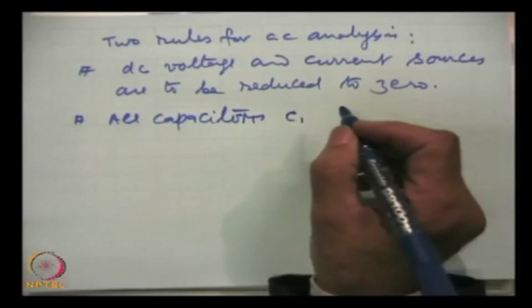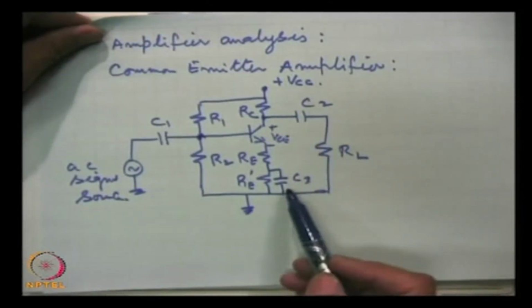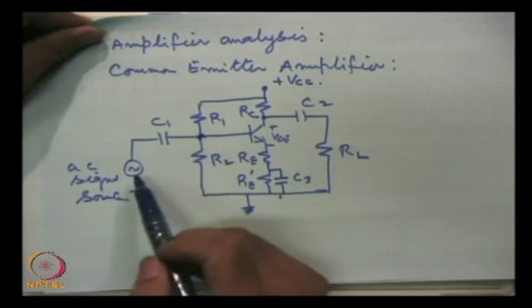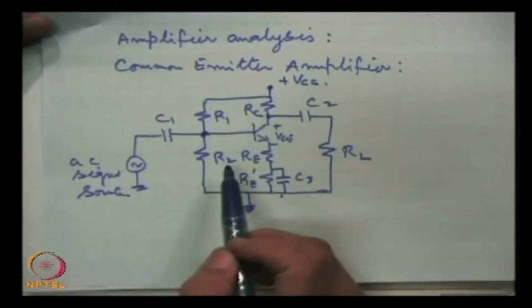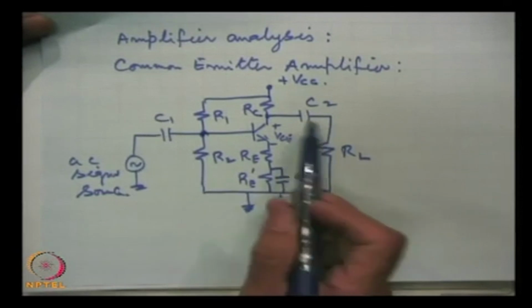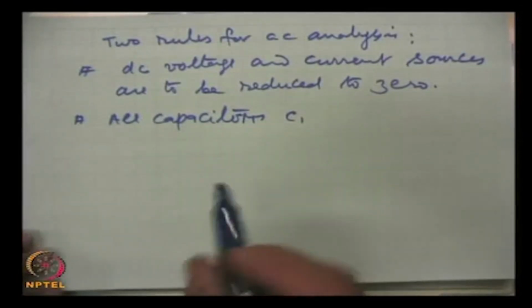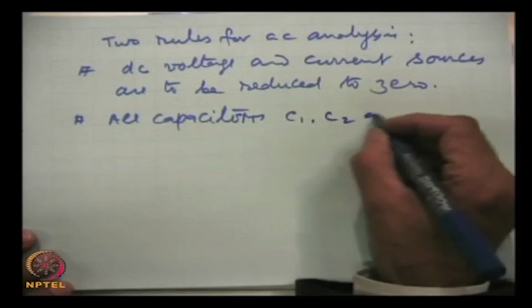C1, look here in this circuit, C1, C2 and C3, all these capacitors we have chosen of the right value, taking into account the frequency region in which this amplifier is supposed to work. So, they will offer negligibly small impedance, and so we short them.